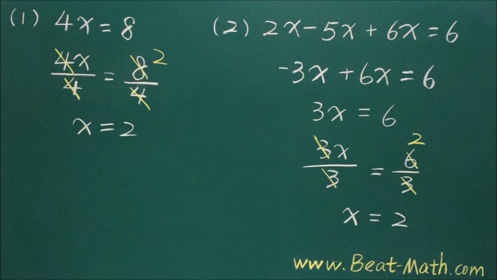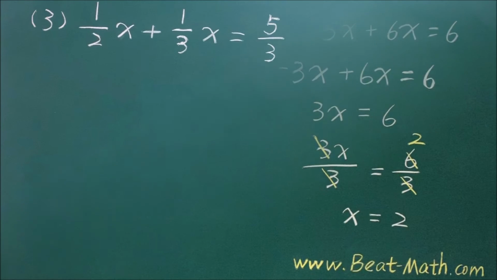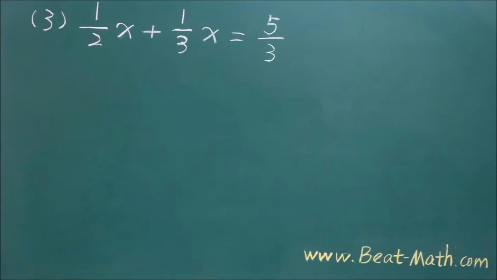In both of the previous problems, the coefficients of x are integers, but what should we do if the coefficients are fractions? Let's look at an example. To solve this problem, we have to find the smallest number into which all the individual denominators, 2, 3, and 3, will divide exactly.